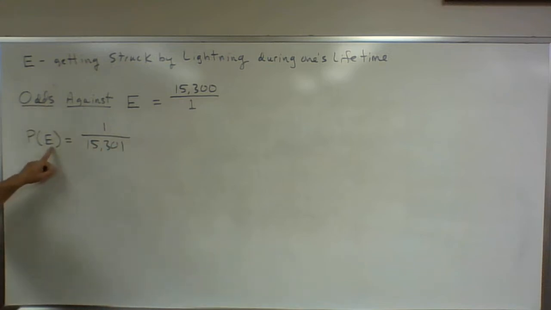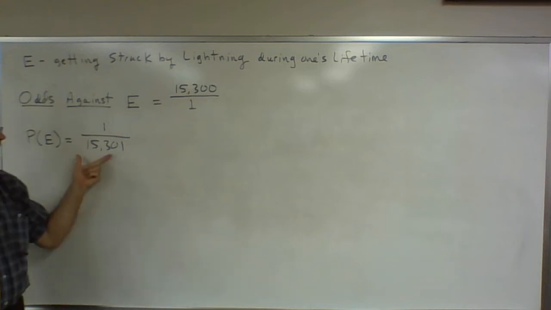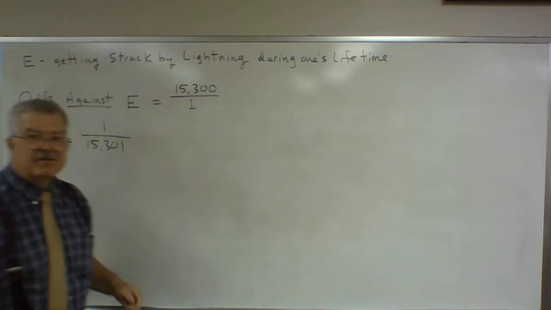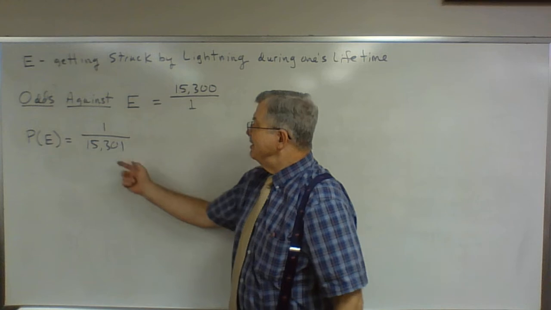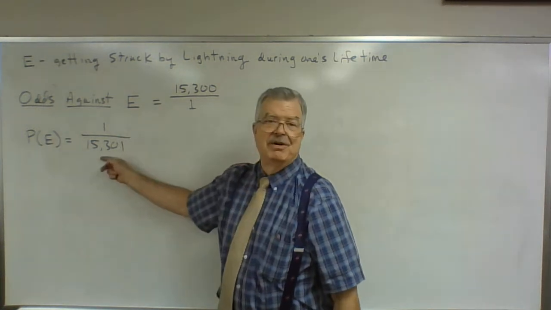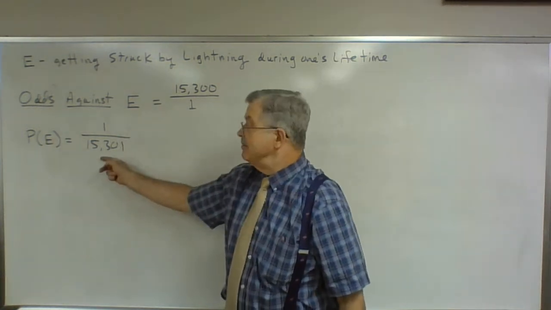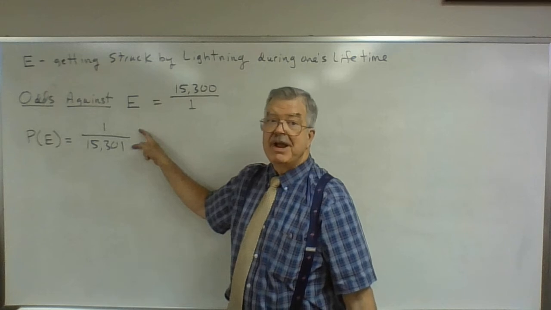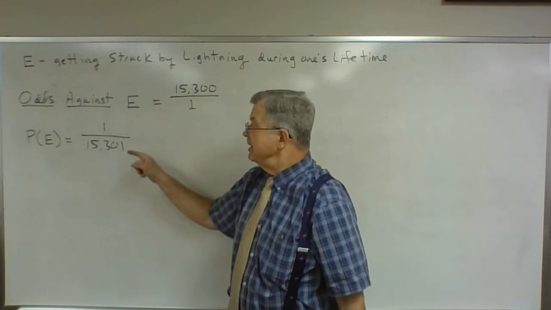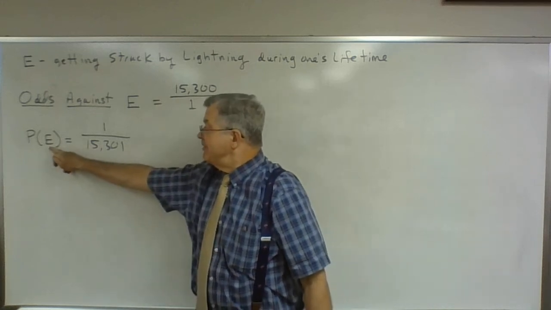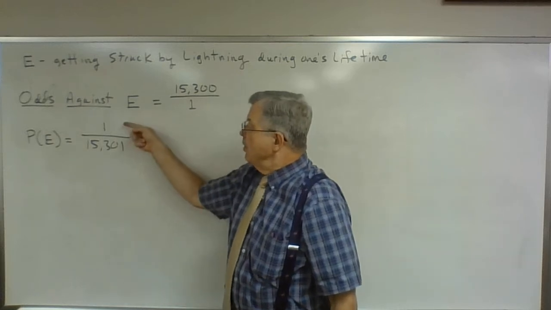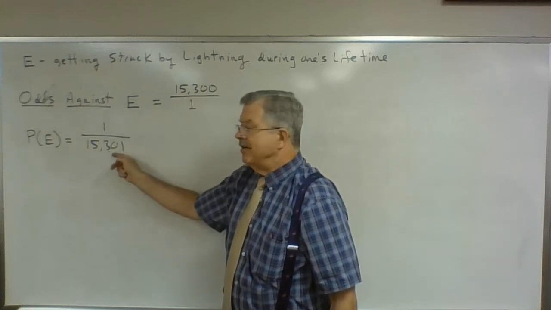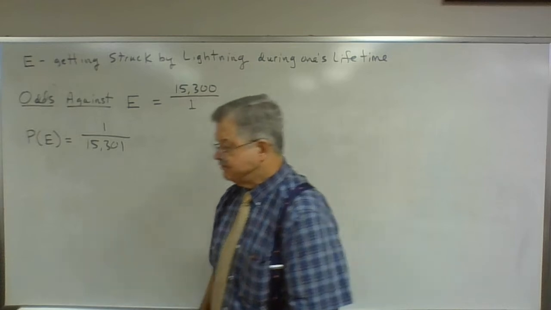And again, I don't feel too good about this. I'd feel a lot better if this were 1 over 1,000,000 or something like that. But this is apparently the actual probability. The probability of getting struck by lightning, 1 over 15,301.